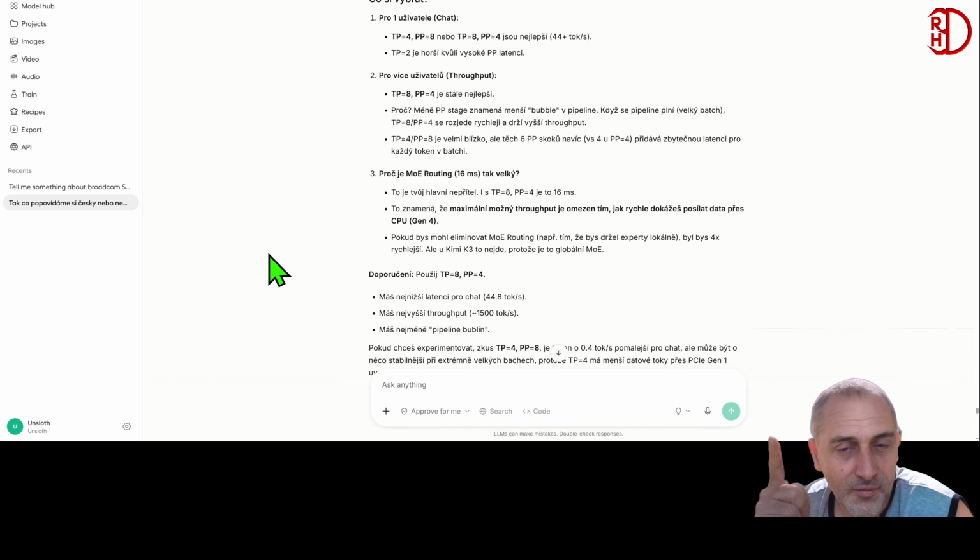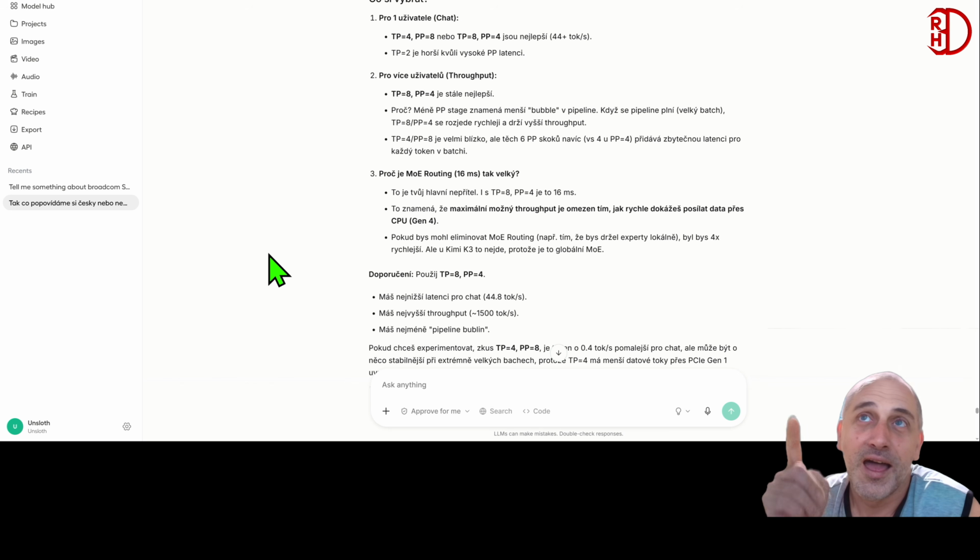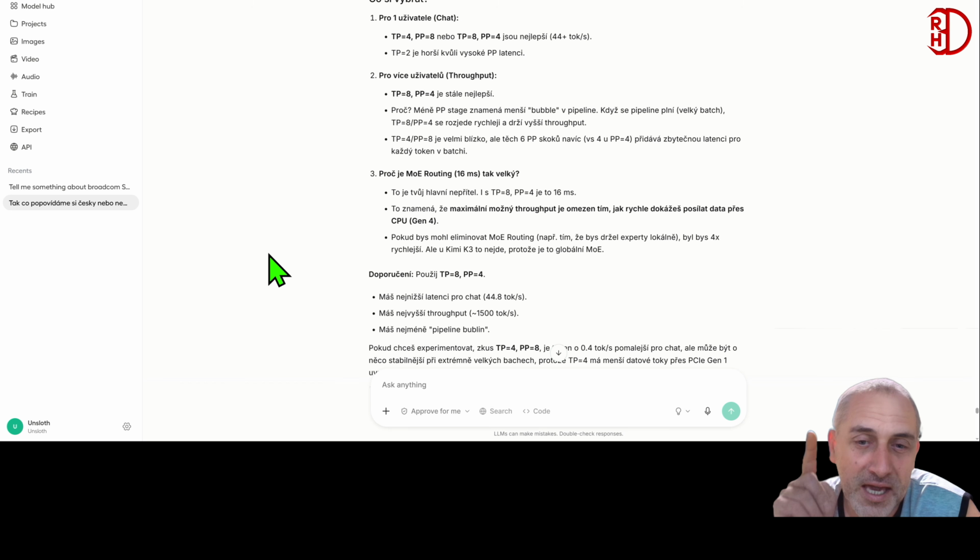Definitely, I have to admit that Qwen3.8 27B was actually offering not only pipeline parallelism and tensor parallelism, but also expert parallelism. Yeah, I didn't even know that is possible.